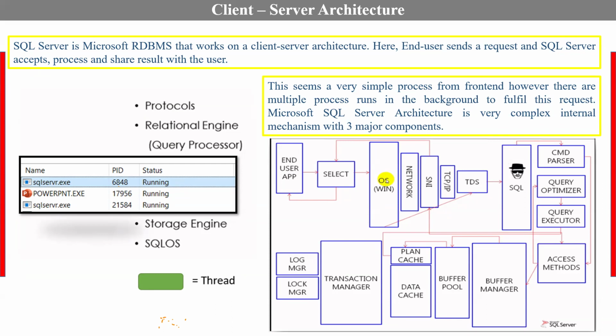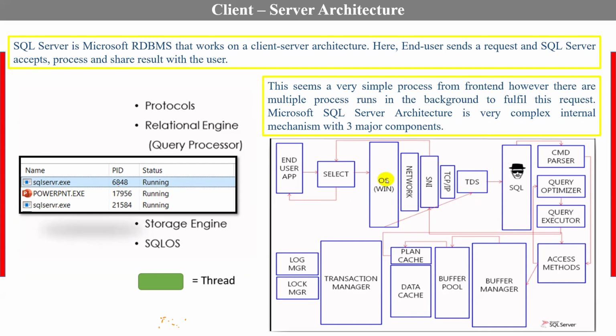For SQL, cost means CPU, memory, and IO. Based on the cost and the selectivity, your optimizer will prepare a plan. Once the plan is prepared, it will be stored temporarily in the plan cache. Once the plan is ready, it will go to the executor.